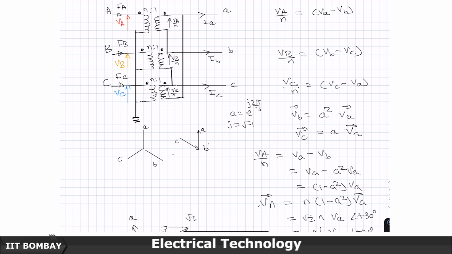And then take the third one, VC, and that is going to be VC minus VA. So I take this, I duplicate this, bring it here, and because my diagram is not symmetric, there is a slight issue, I bring it here and put it here.